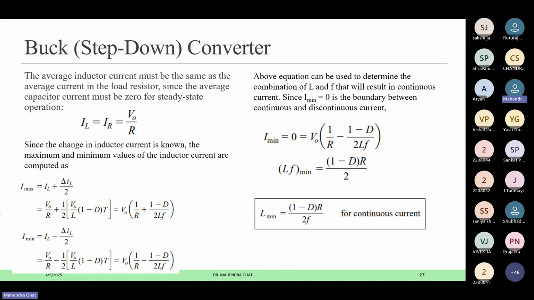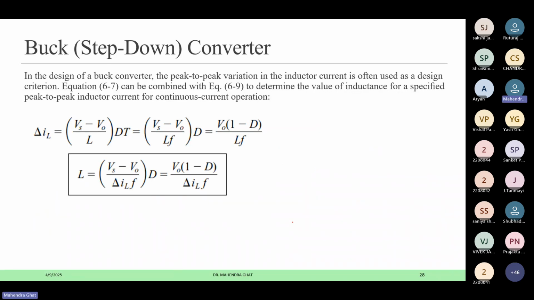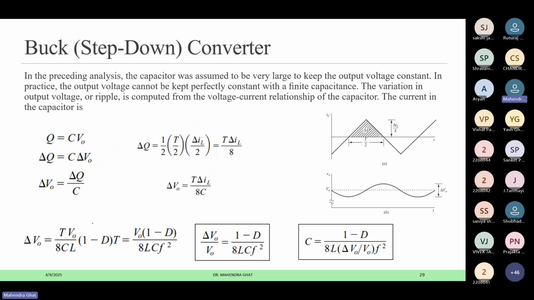We derived some other equations like the I max value, then the I min value, then we calculated the L minimum which is required for continuous conduction current. Then we calculated the inductor value in terms of the delta IL. Then we calculated the value of C in terms of the ripple ratio of the output voltage.